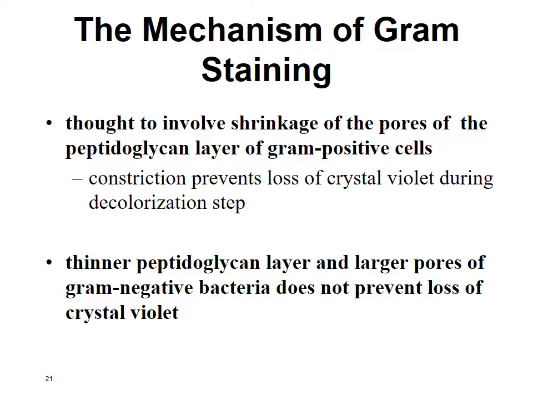For these reasons, the alcohol more readily removes the purple crystal violet-iodine complex from gram-negative bacteria in comparison to gram-positive bacteria. After that, the gram-negative bacteria are easily stained red or pink using a counterstain called safranin.